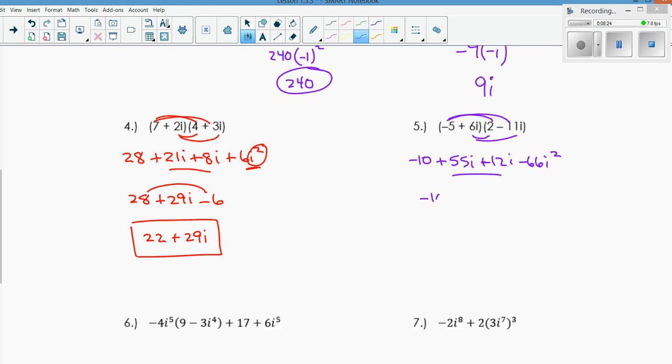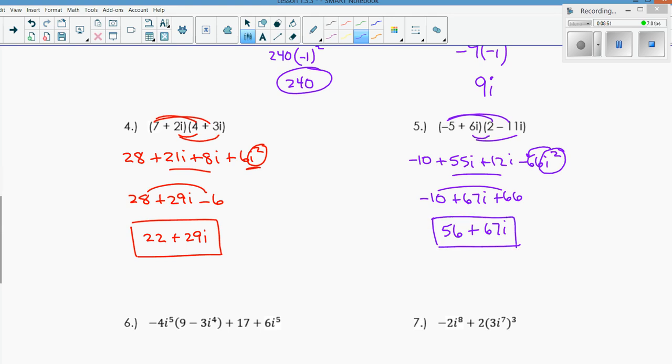So I have negative 10 plus 67i. And then remember that i squared is negative 1. Negative 1 times a negative makes that a positive 66. Then again, I can combine those numbers. Negative 10 and 66 makes 56 plus 67i. Real plus imaginary.